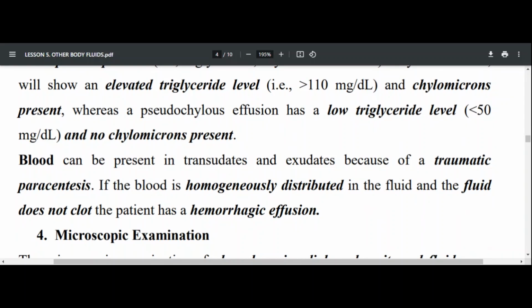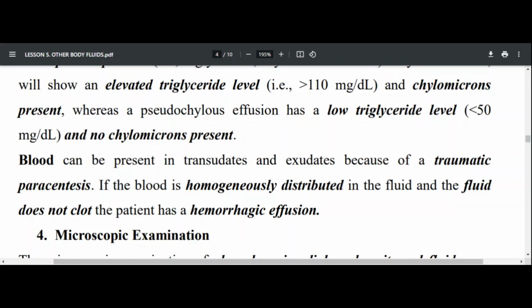Blood can be present in a transudate and even in exudates because of trauma as well, such as traumatic paracentesis. But if blood is homogeneously distributed in the fluid and does not clot, the patient has a hemorrhagic effusion. The fluid looks red, but without precipitations or sediments of blood.